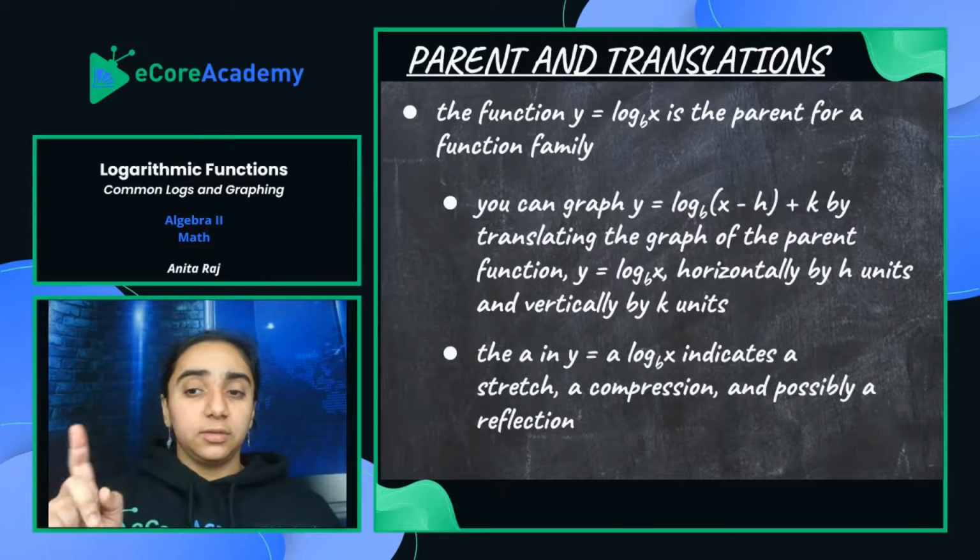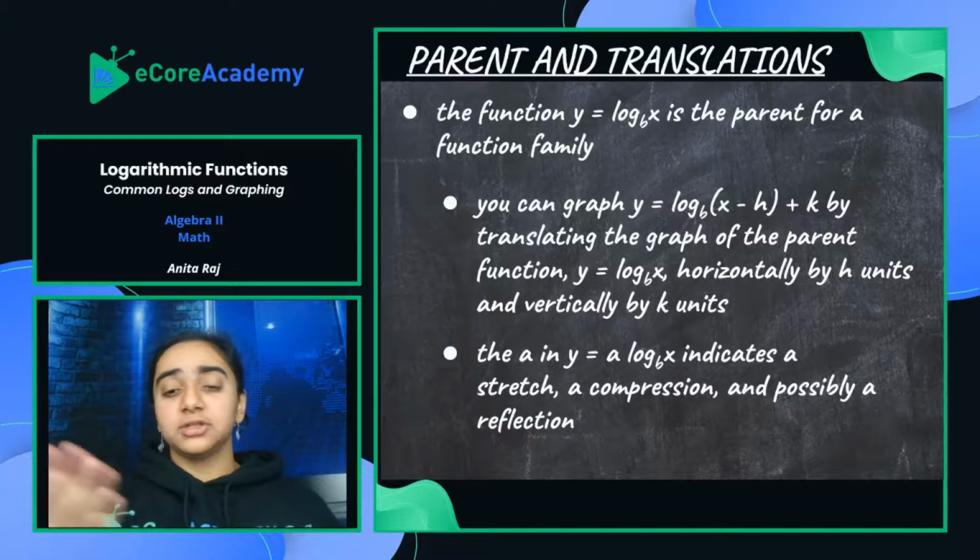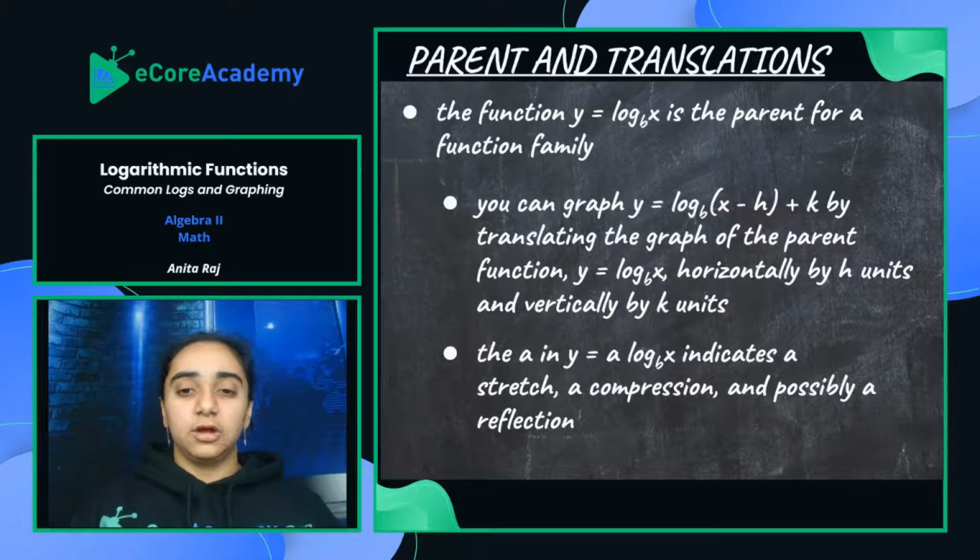And the a, in this case, I didn't write it, but you'll sometimes see an a thrown in front of the log. So the a in y equals a log base b of x is your same parent function, except we threw an a in front of the log. It indicates a stretch or a compression and possibly a reflection.